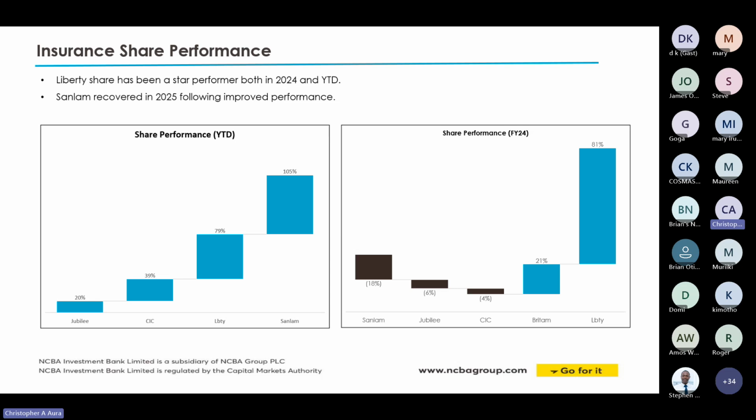But year to date, because of the positive performance that we've witnessed, all the listed insurance companies have shown year-to-date gains, with Sanlam recording the highest at 105%, followed by Liberty. One of the main reasons for Sanlam is the strong performance, the turnaround that we have seen in their financial results, and they are also doing a rights issue.